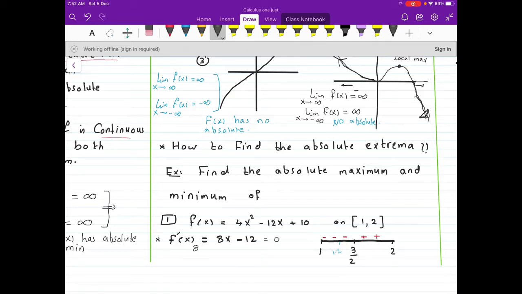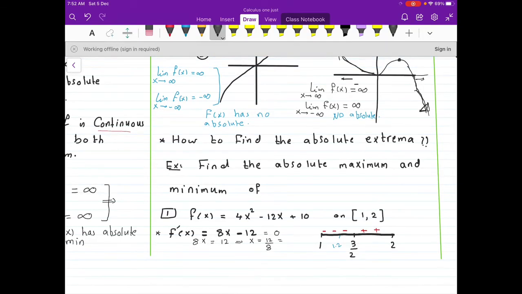So we get 8x equals 12, so x equals 12 over 8. Dividing 12 and 8 by 4, this is equal to 3 over 2.